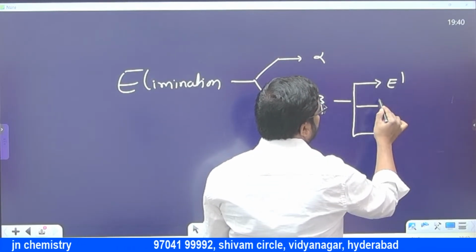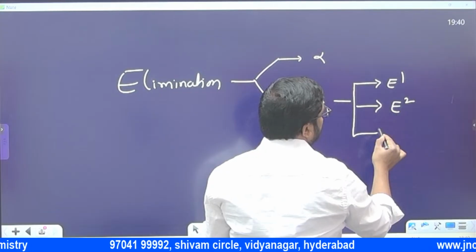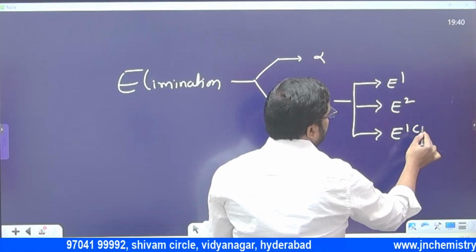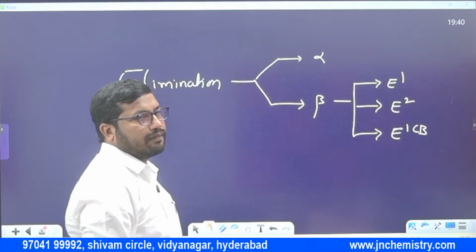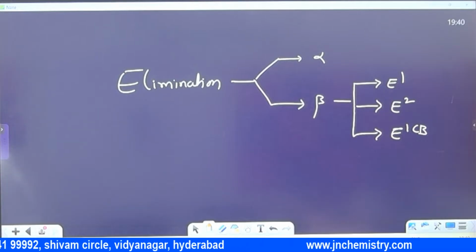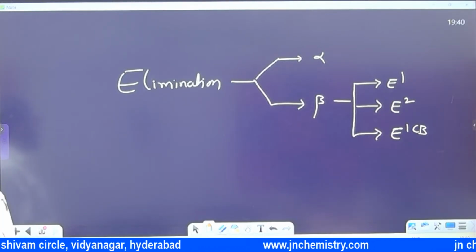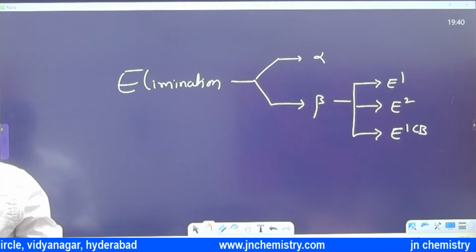E1, E2, E1CB. Write it down. Elimination reactions are 2 types: alpha elimination, beta elimination.